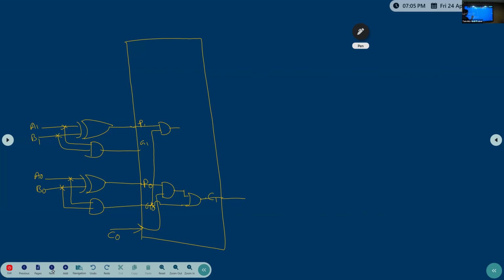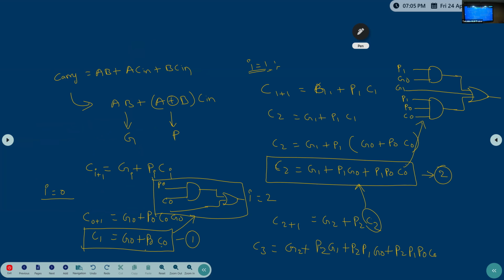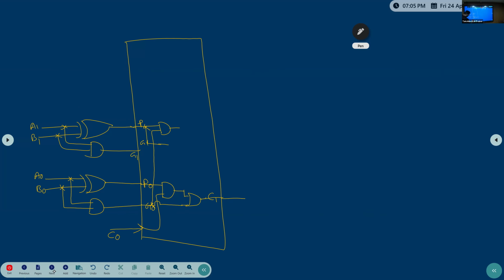P1, this is G1, right? P1 P0 C0. Where is this P0?